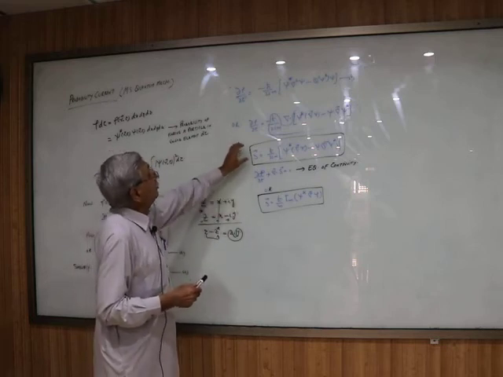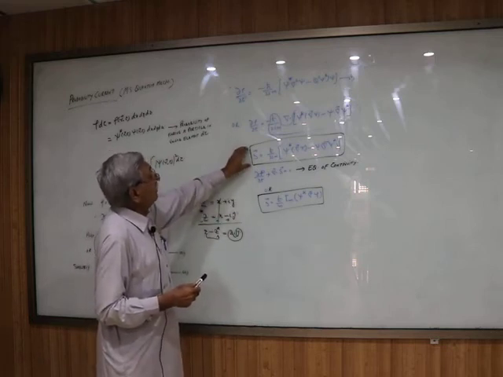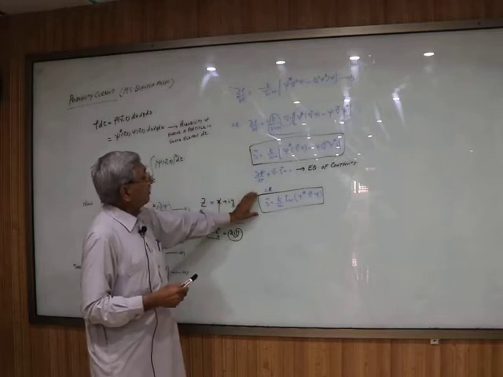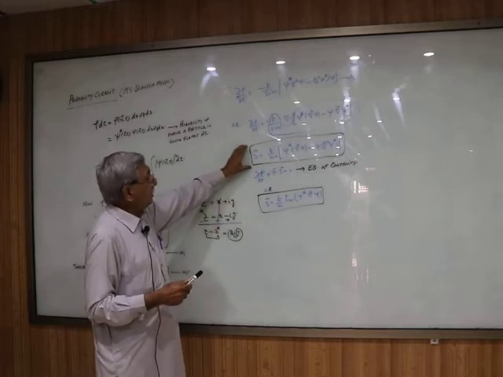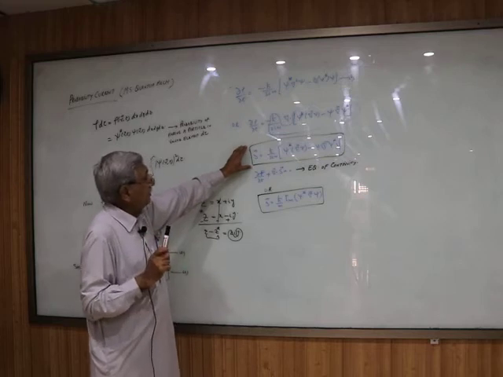So either you use this equation for a probability current, or you use this expression for probability current. This represents probability current.